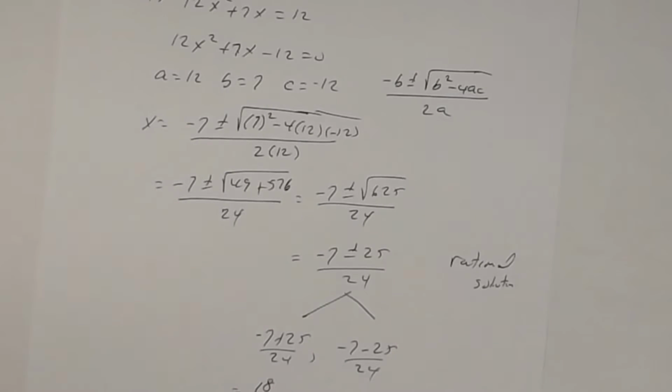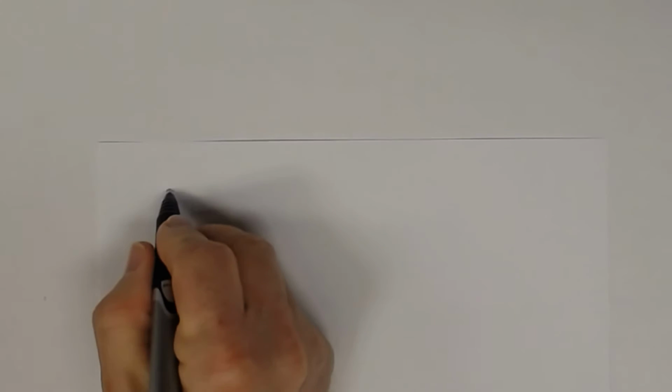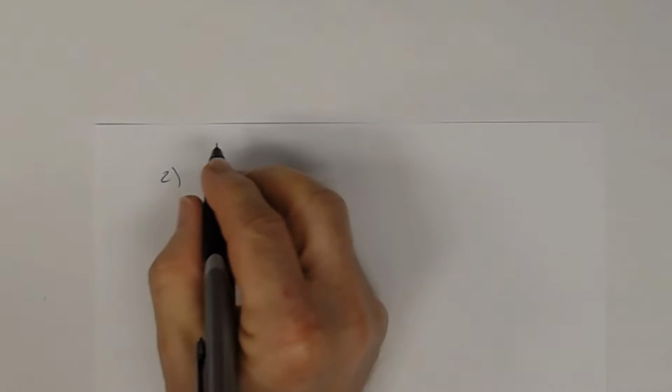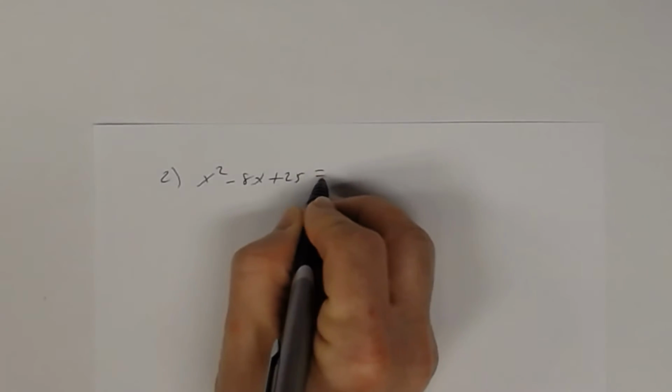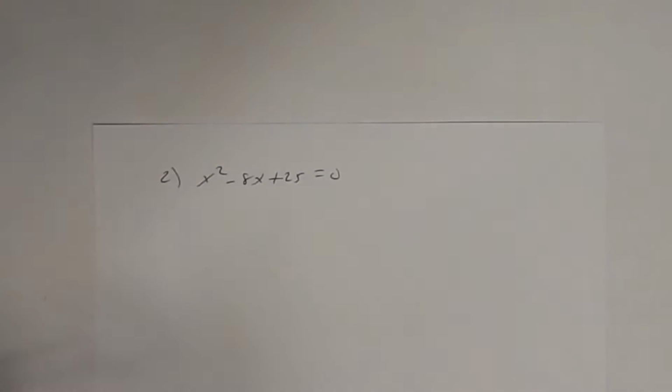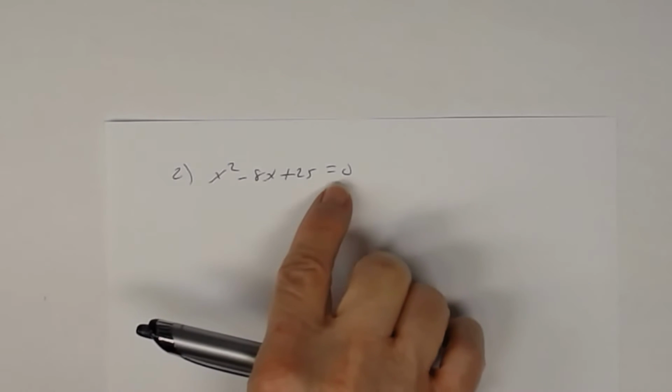Number 2. Let's suppose we had x squared minus 8x plus 25 equals 0. Remember, the direction says you must use the quadratic formula. Notice that this is already in standard form, I see that 0.